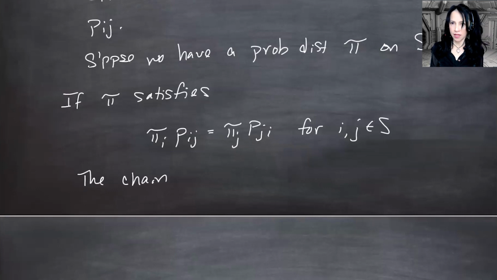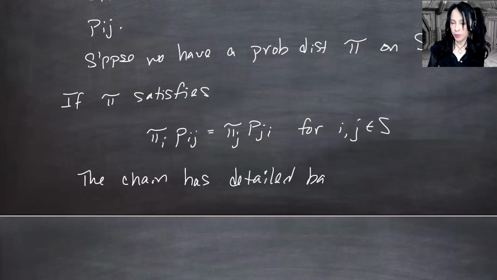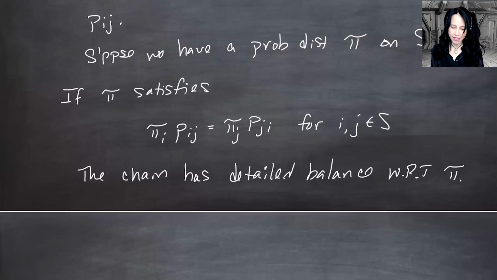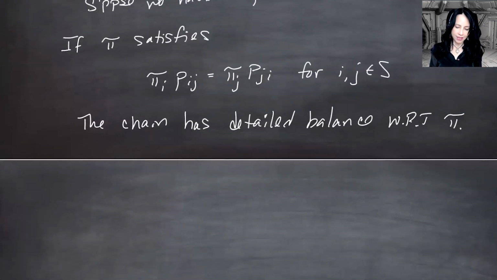This is not something that's going to hold for every Markov chain, but it has detailed balance, or reversibility, with respect to this distribution pi.